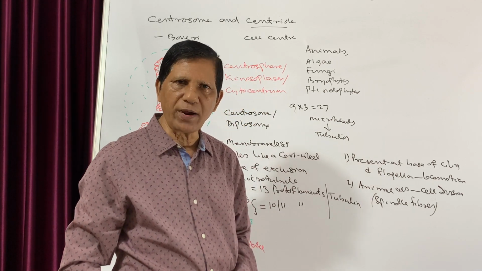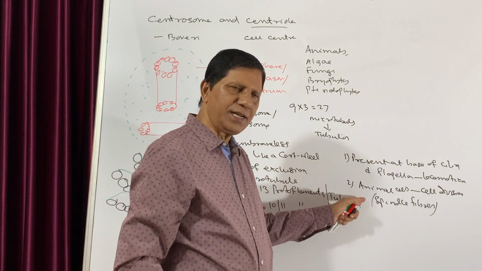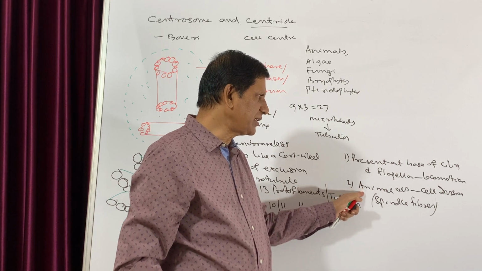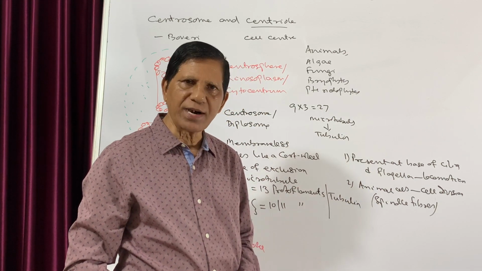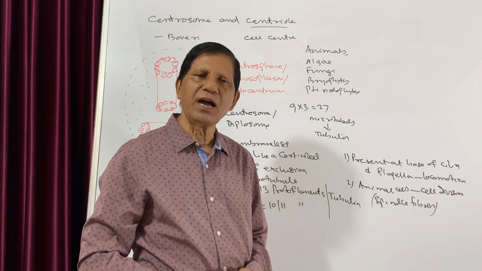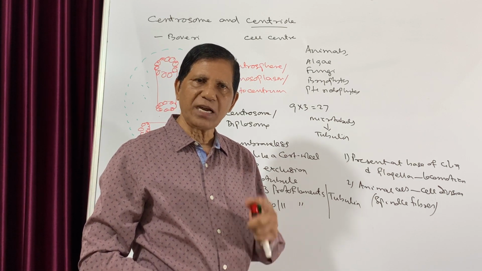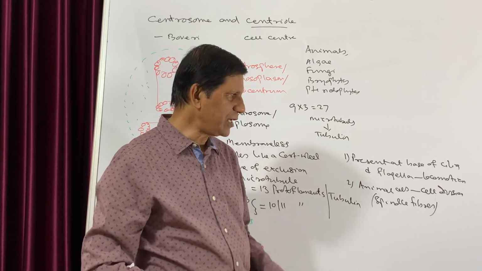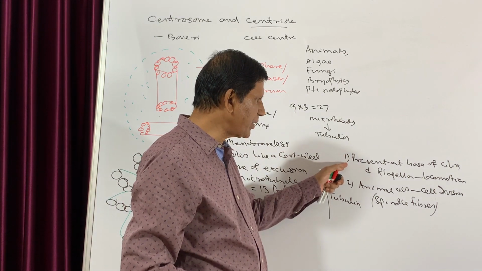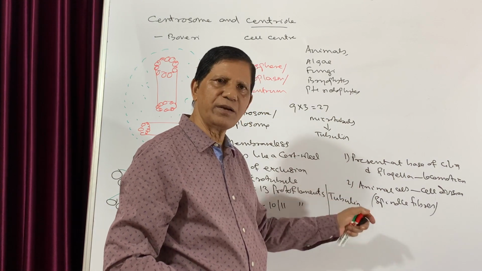You may ask why. The reason is, in case of animal cells, since it is present, it helps in formation of spindle fibers. But in plants, there is no centriole. Then how the cell division takes place? That means without the centrioles, the spindle fibers can be formed. That is why the locomotion is primary function and cell division is secondary function.